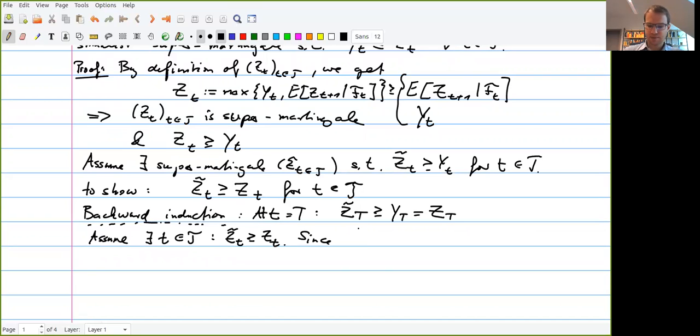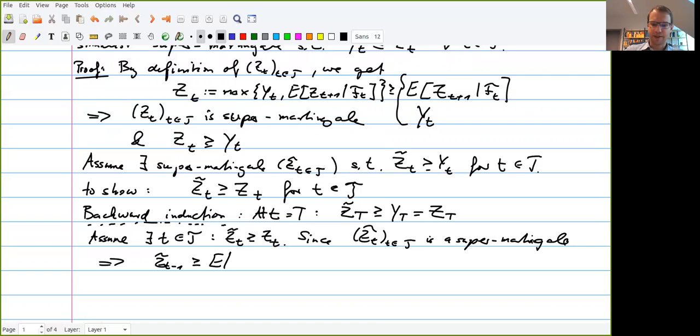Since z tilde is a supermartingale, we get that z tilde at t minus 1 is, by the supermartingale property, greater or equal than the expected value of z tilde at time t conditioned on the filtration at time t minus 1.